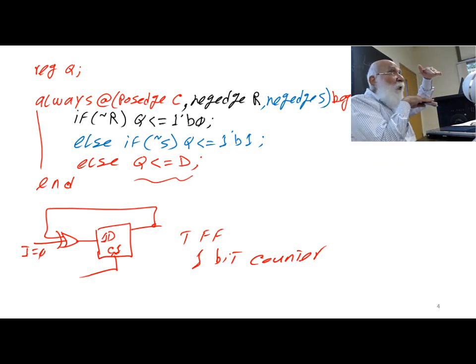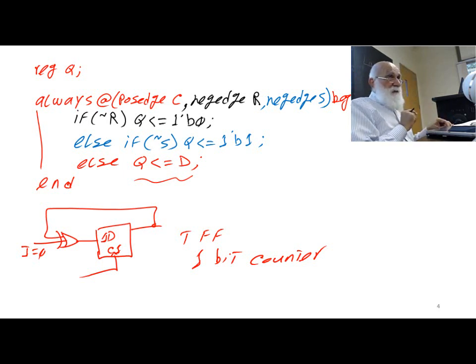Okay? Because those if statements come before putting D into Q. And then it says that if you see R becomes active, then don't even look at the clock. Just if R is active, R is 0, then put a 0 into Q.